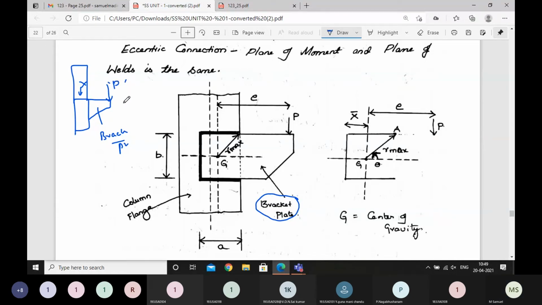By applying force P using a bracket, the load P will get transferred onto this column. So when I am not able to impose P directly on that particular member, I use this bracket. Not only columns, you can attach to beams also, it depends.